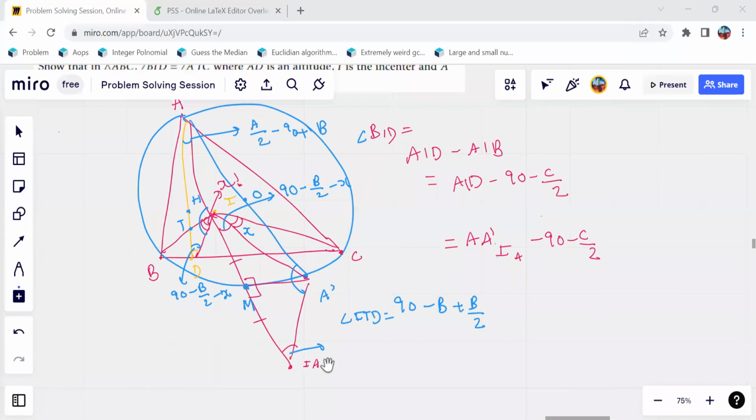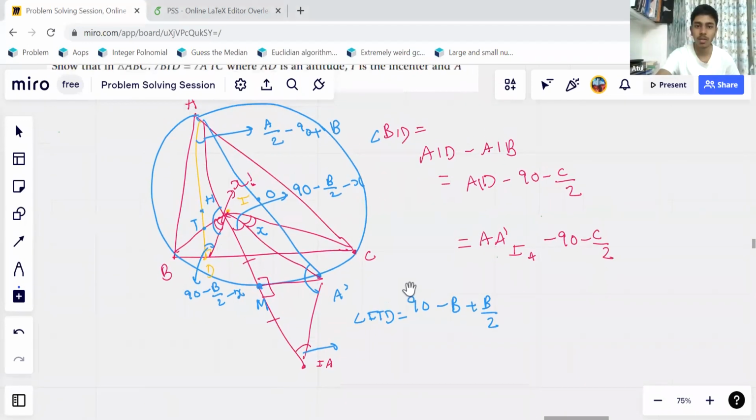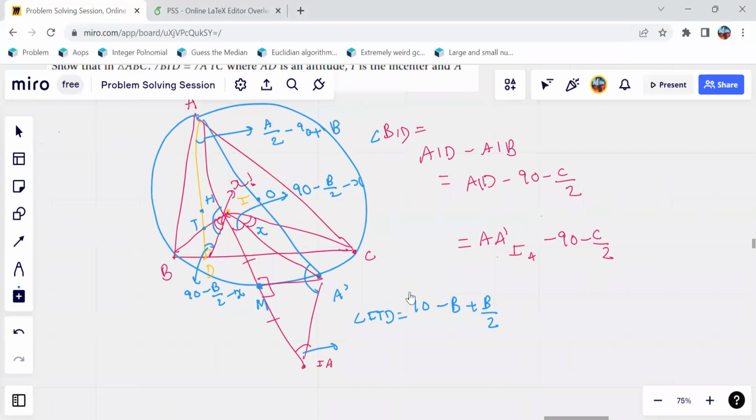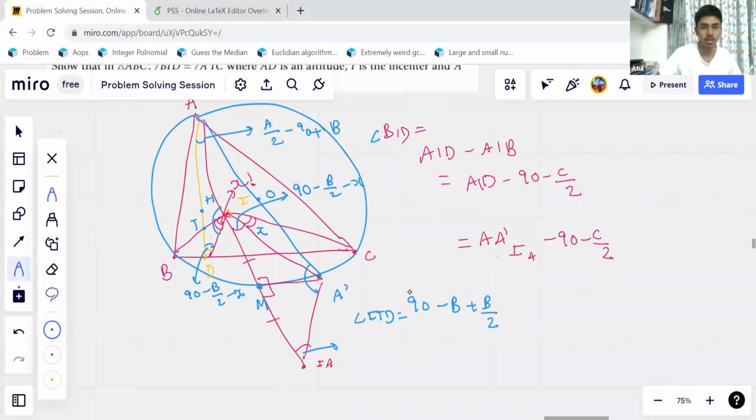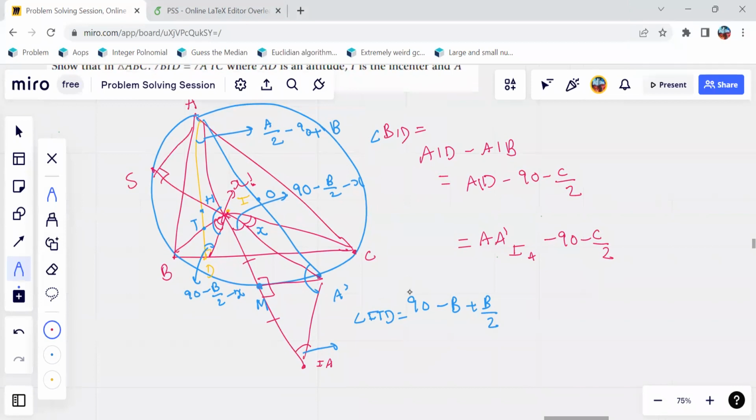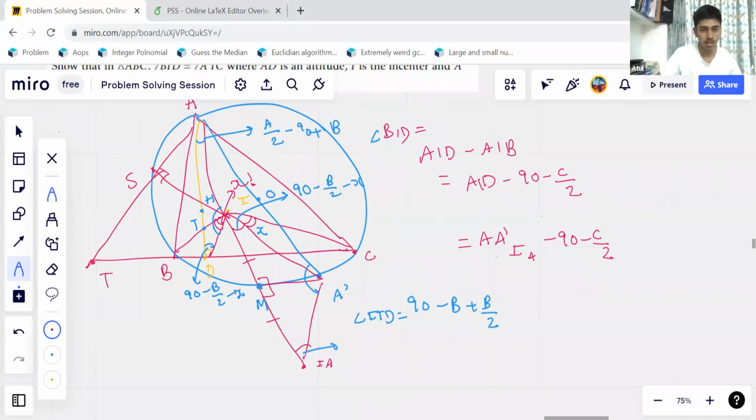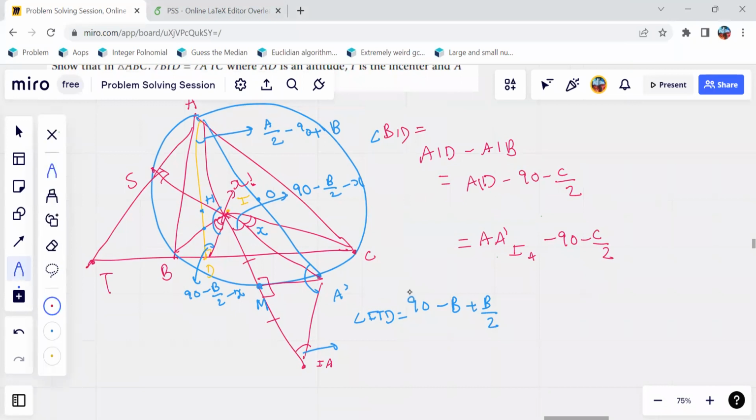Also, there's a non-inversive solution to this too. Let A dash I meet the circumcircle at S, Sharky Devil. And then let AS meet BC at T. So TI is perpendicular to AI, because of the radical axis or whatever.